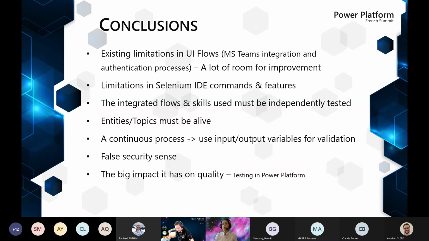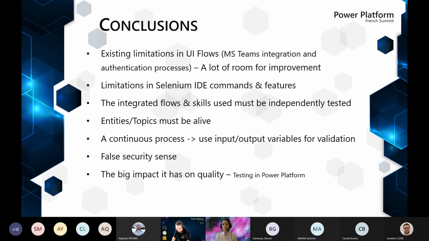Also important to be aware of, if you integrate some Power Automate flows and some bot framework skills, these must be independently tested. These are different software, different extensions, different applications and services. So you have to test them in their own service interface, or their own ecosystem.